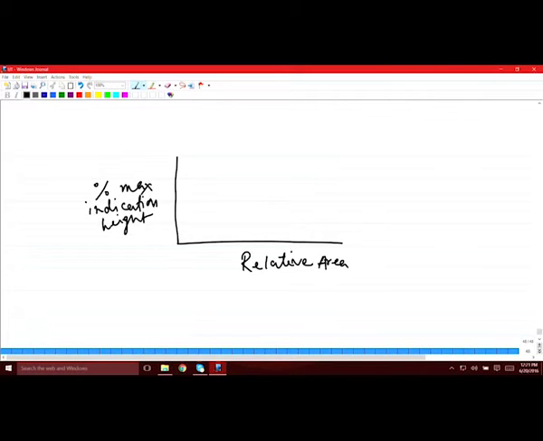Relative area, because the area is proportional to the square of the number. Relative area unit. Then the plot will look like this.